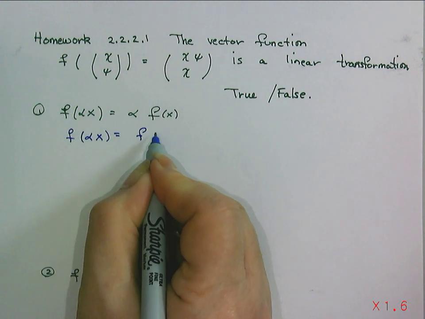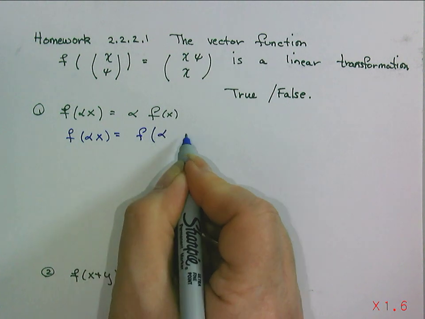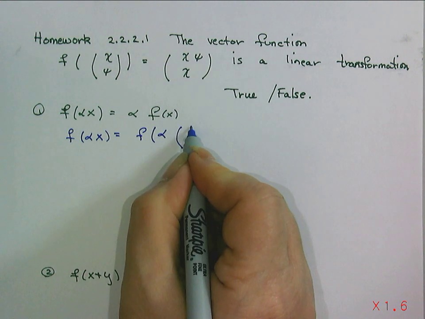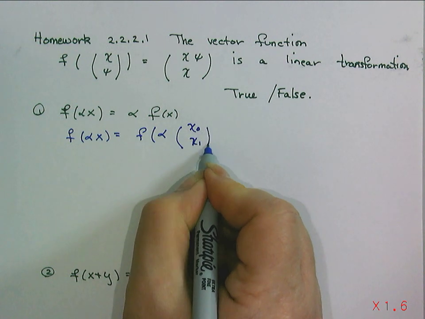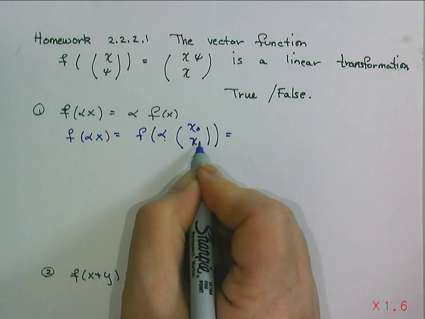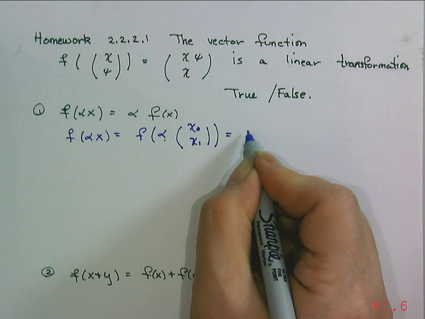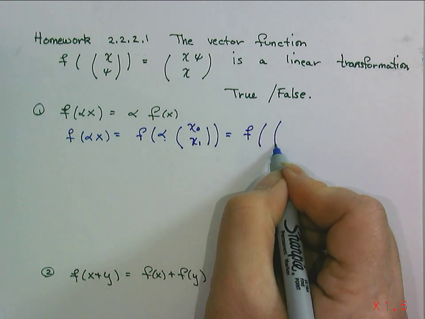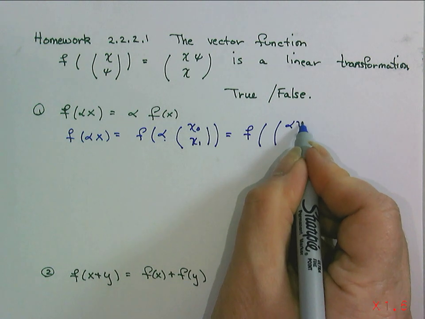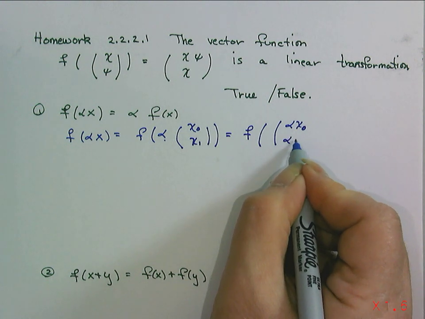Well, what is that? That's f of alpha times, let's write the vector x as the vector with components chi sub 0, chi sub 1. And if we perform a scalar multiplication, that is just f of the vector with components alpha chi sub 0, alpha times chi sub 1.